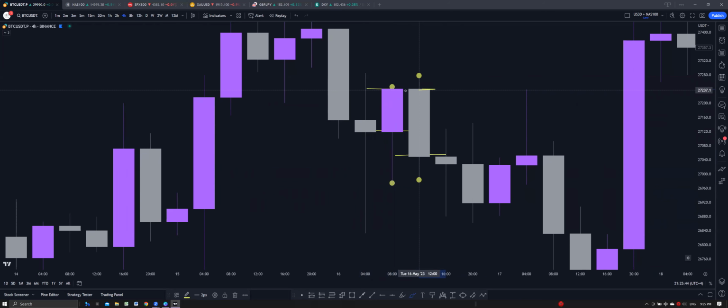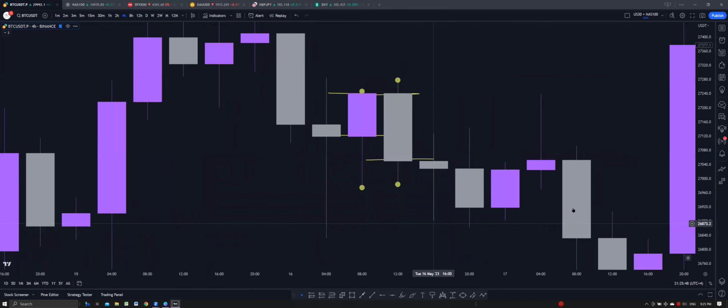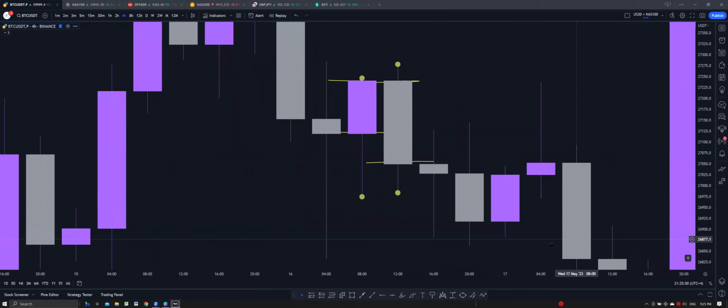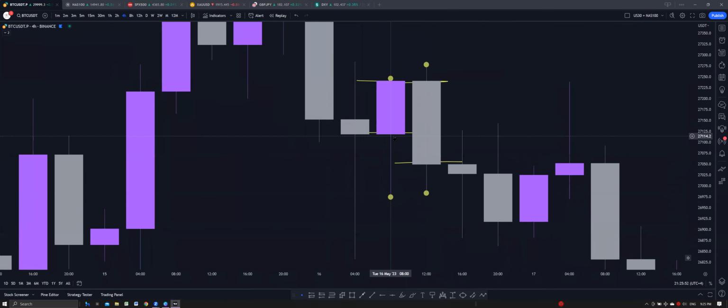So this is a bearish pattern. And why is this a bearish engulfing pattern? If you look at the body of this candle, right? And if you look at the body of the second candle, what do you notice happen? The body of the second candle closed below the opening price of the bullish candle, but it couldn't break the low of the bullish candle. So this is technically a bearish engulfing, a bearish pattern, right?